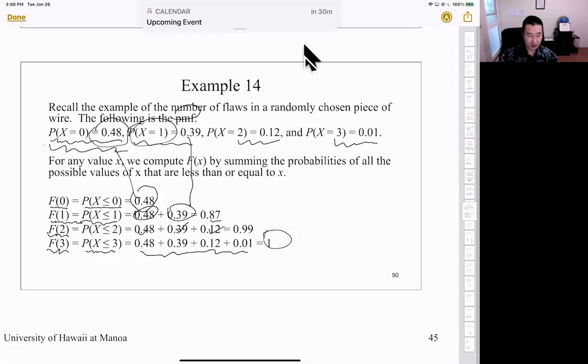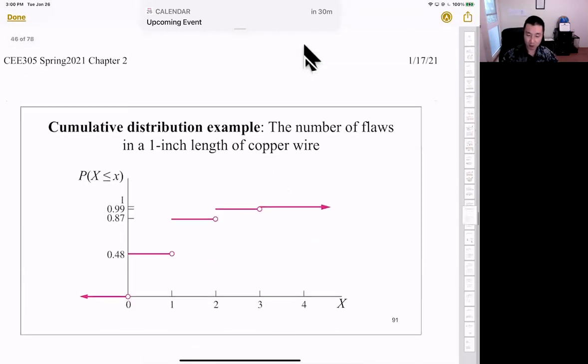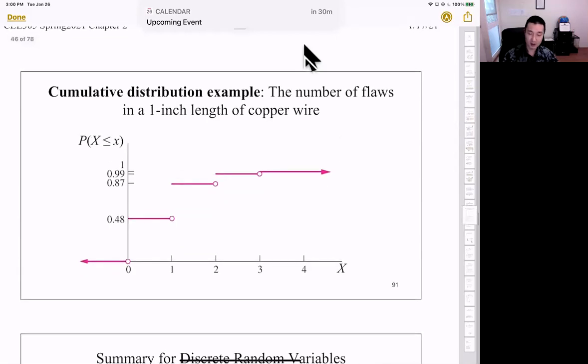So based on this, we can also draw the cumulative distribution function. The x-axis is the number of floors, and the y-axis is the probability, the cumulative distribution function. For example, the probability it has less than 0 floors doesn't have any physical meaning, but that will equal 0.